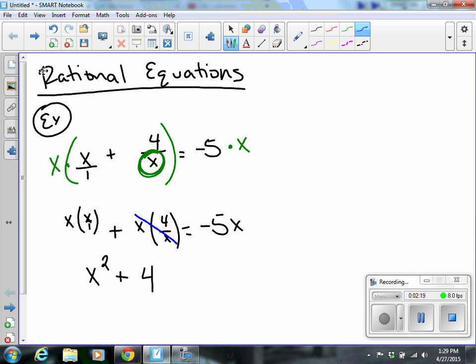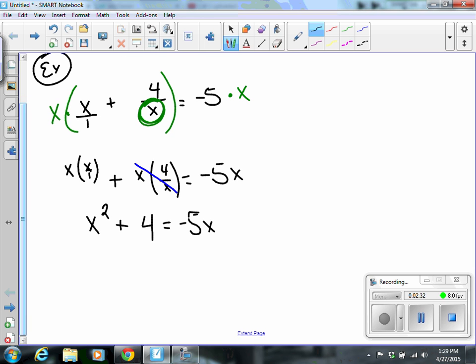One's in the numerator, one's in the denominator, so they cancel. That equals -5x. Well, okay, where do I go from here? I notice that I have an x squared here. So I'm going to move this -5x over and set this equal to 0. So I have x squared plus 5x plus 4 equals 0.